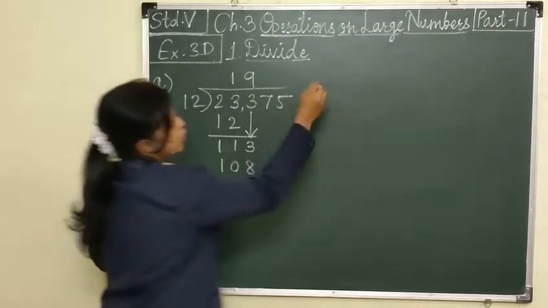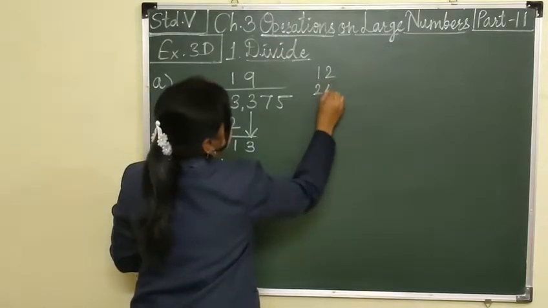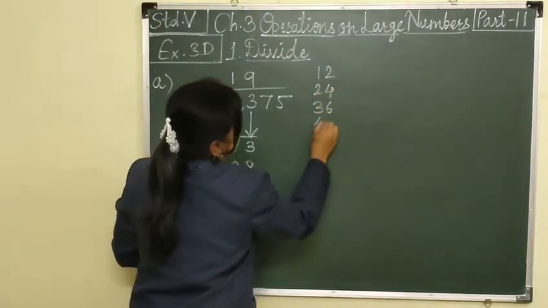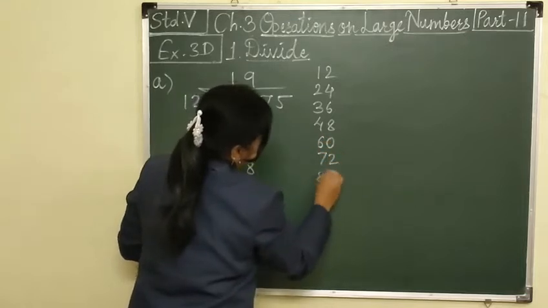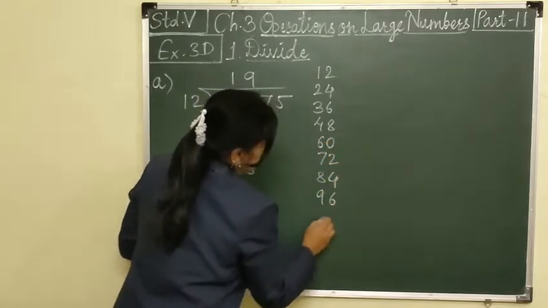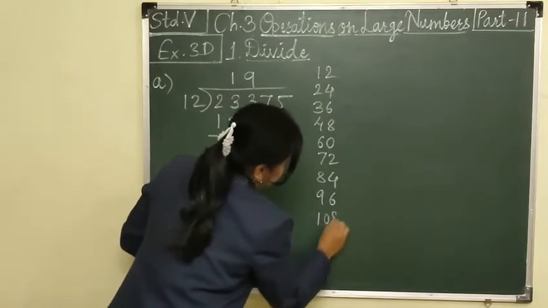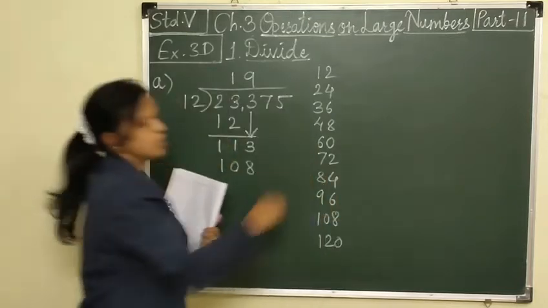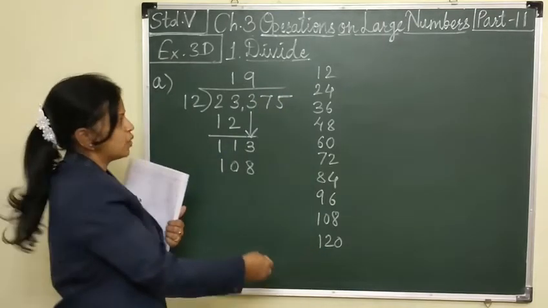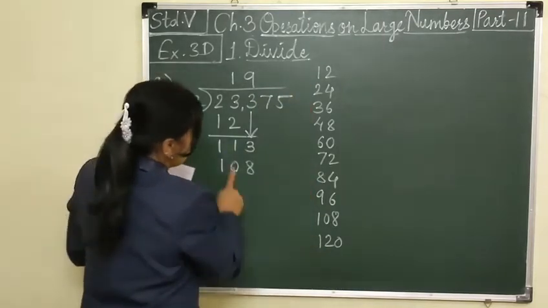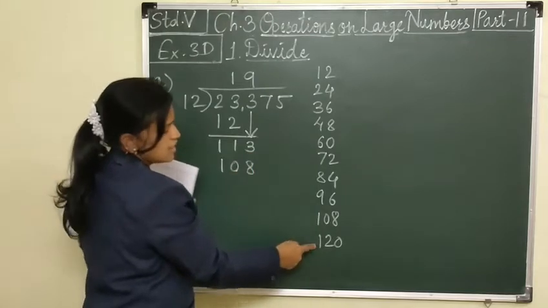If you don't know the table of 12, you can write it here aside. You can do it in this way. See, this is 113 and the last is 120.